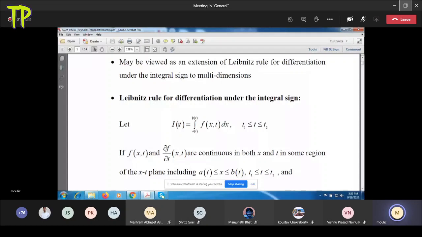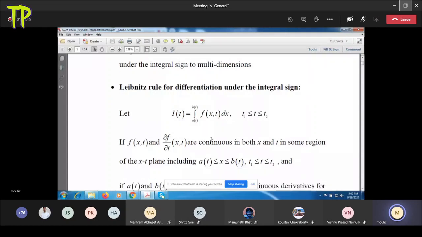Suppose you have a function of this form defined in the time interval t between t1 and t2. Let us look at where the time dependence is appearing. There is time dependence in the lower limit, in the upper limit, and in the function that you are integrating.